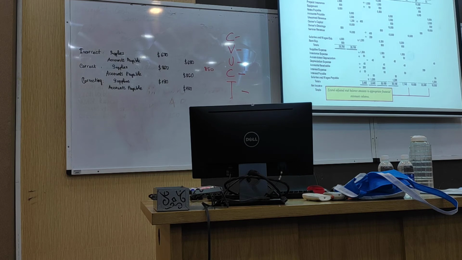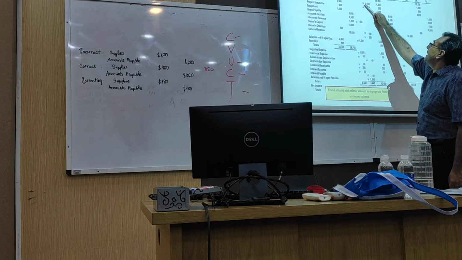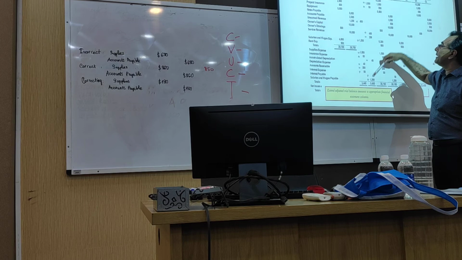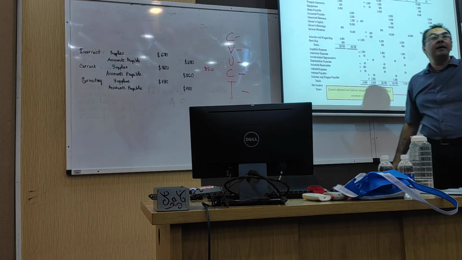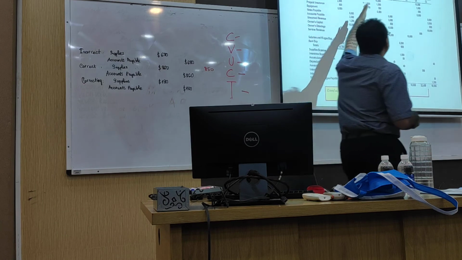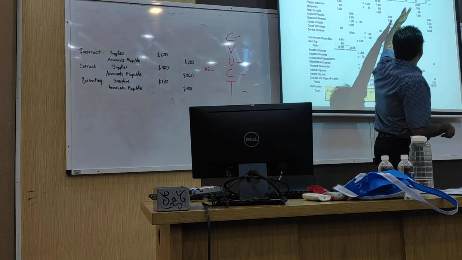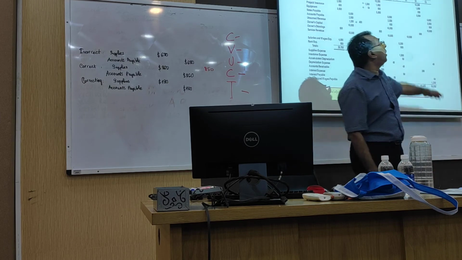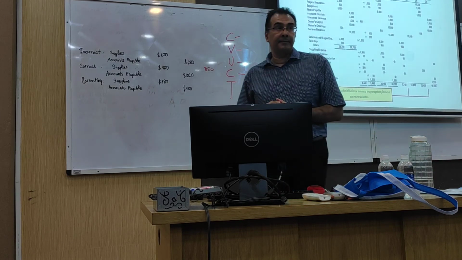So what we did today is adjusting entries. You can see the alphabet letters telling you debit and credit. There will be a pair for every adjusting entry, from which you will get an adjusted trial balance, which you will use to transfer to the income statement or the balance sheet.